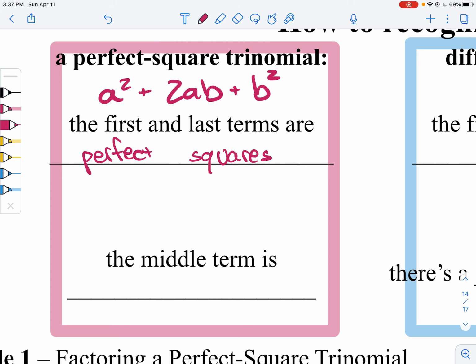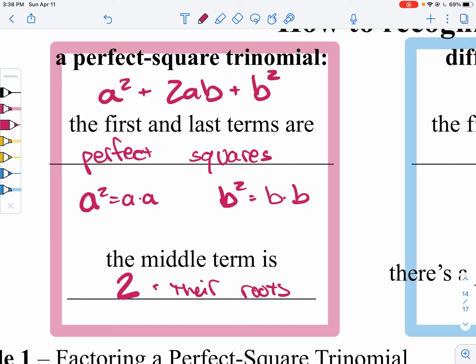For example, a squared is a times a, and b squared is b times b. And then the middle term needs to be equal to 2 times their square roots. So we'll look at examples and see if they fit those patterns or not.